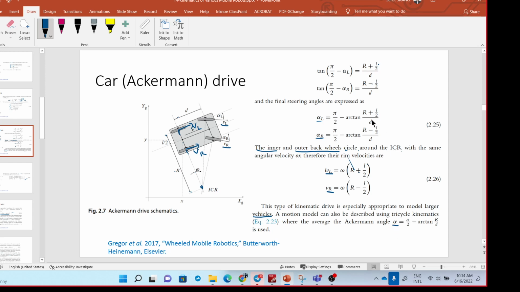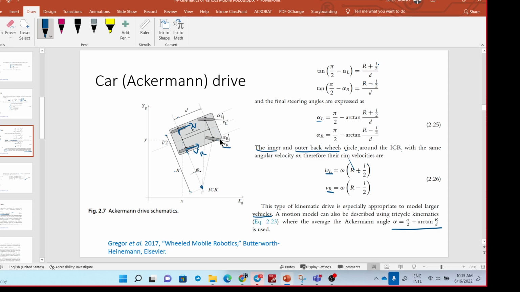As you can see, it's like you take this one plus this one, and this one cancels this one, but of course we cannot cancel it that way, it just looks like that. That's why we can have an approximate average alpha like this. So we can consider it as one drive, like a tricycle. This wheel and this wheel are substituted by this wheel.